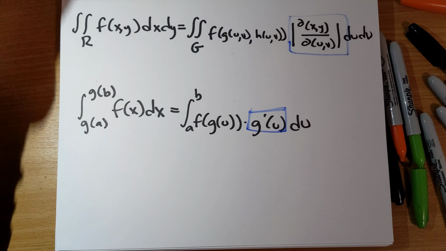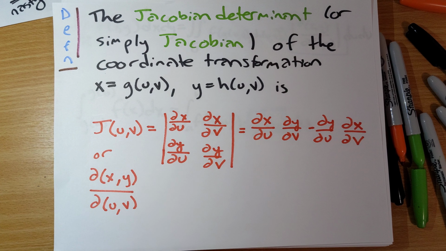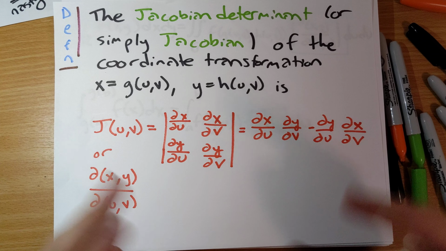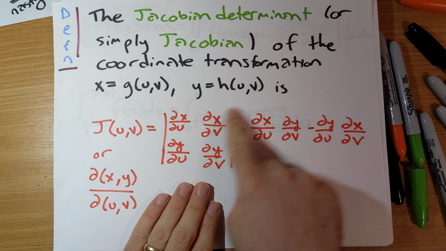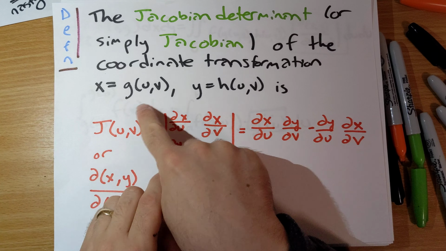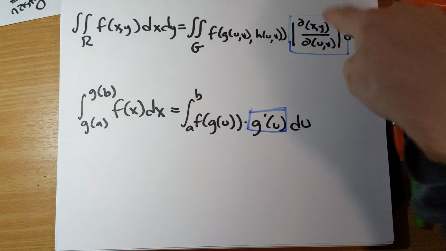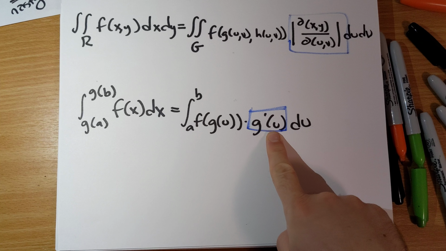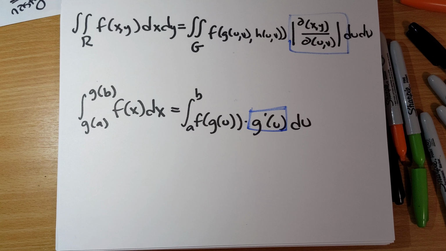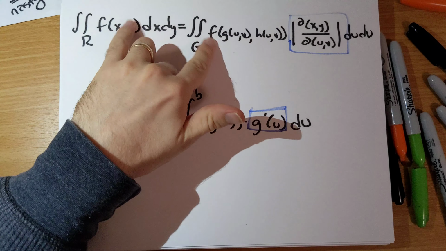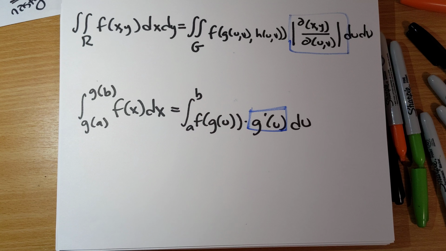The Jacobian with its partial derivatives is our best attempt to define what, quote unquote, the derivative of this transformation is, in the sense that it's playing the same role as g prime of u is here in one variable substitution. And so we can go back and forth between these.